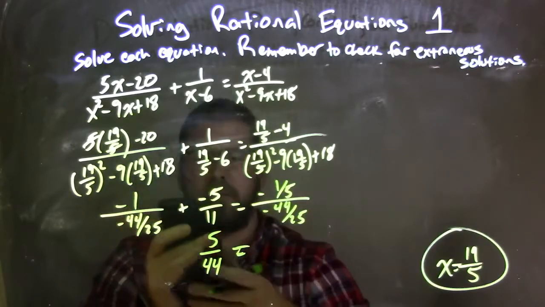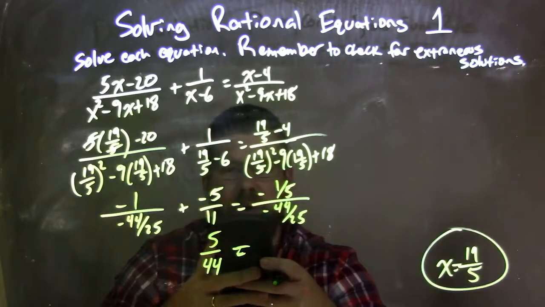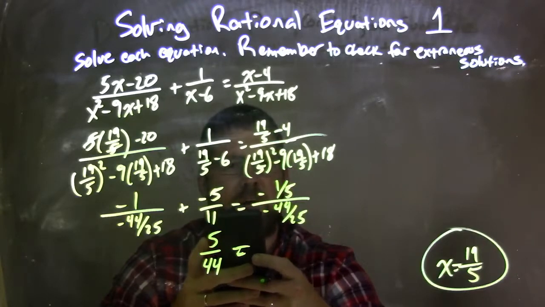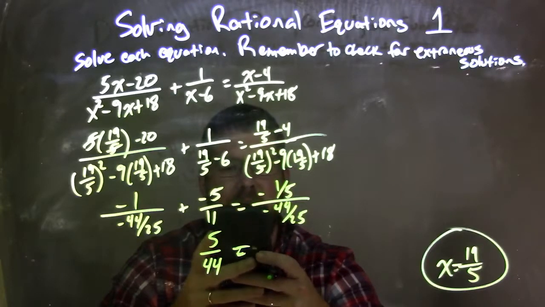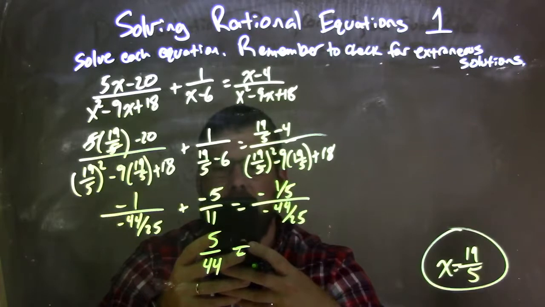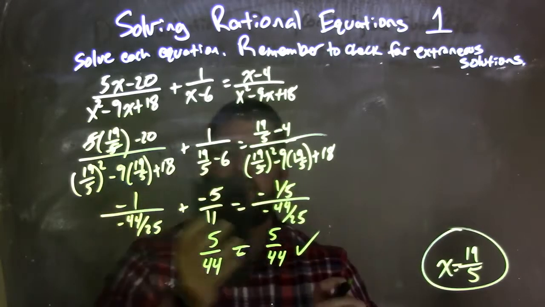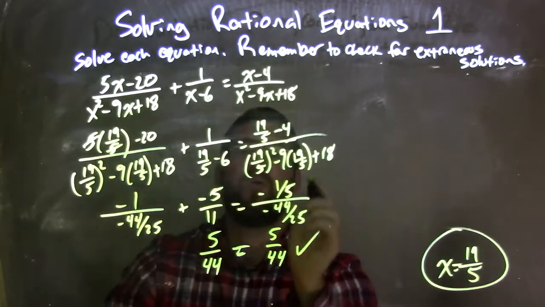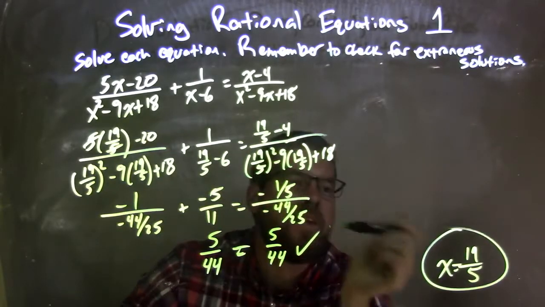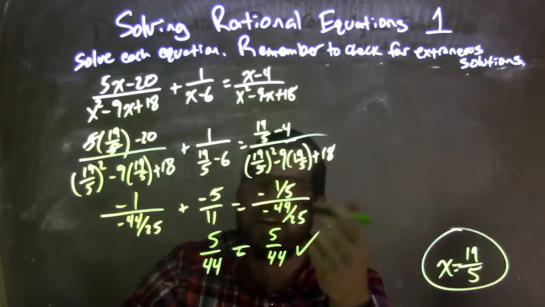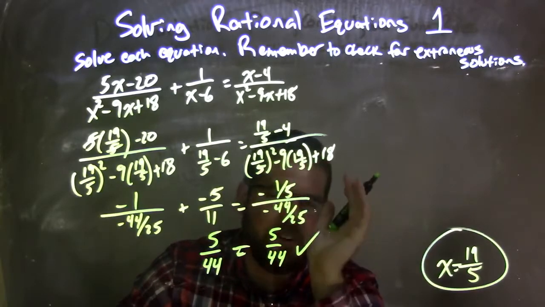Let's check this one here. Negatives cancel, so we have 1/5 divided by 44 divided by 25, and we have the same fraction, 5 over 44. My left and right hand side were equal, which confirmed that this answer, x equals 19 fifths, is not an extraneous solution, and is my final answer and is a real solution.